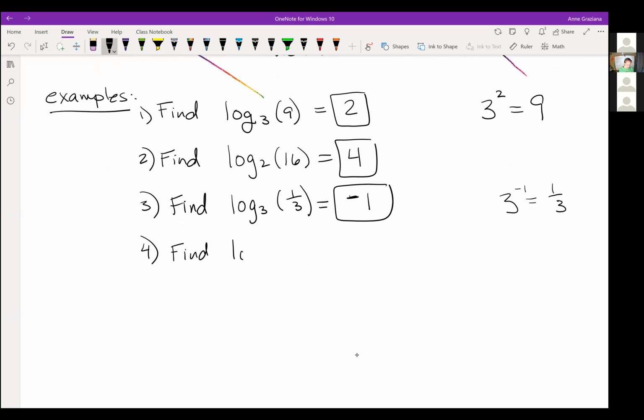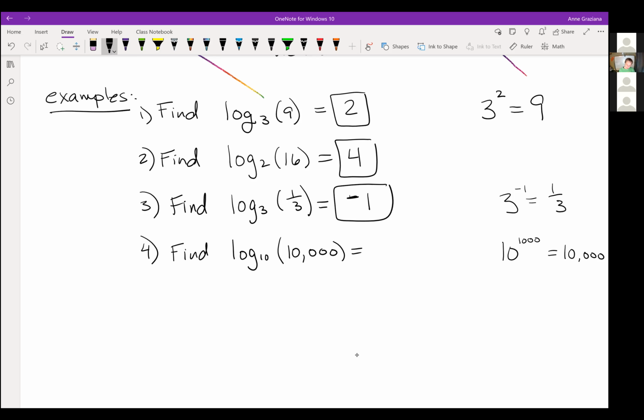All right, let's try this. Find log base 10 of 10,000. So 10 to what power is going to give me 10,000?